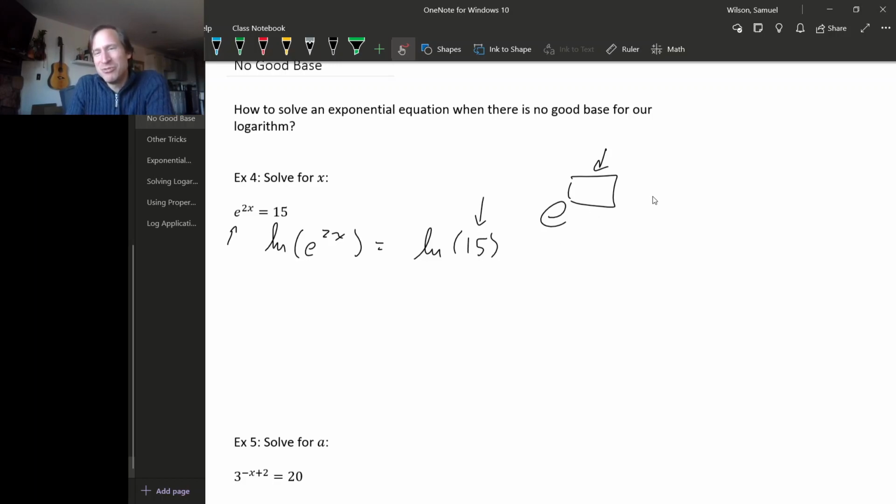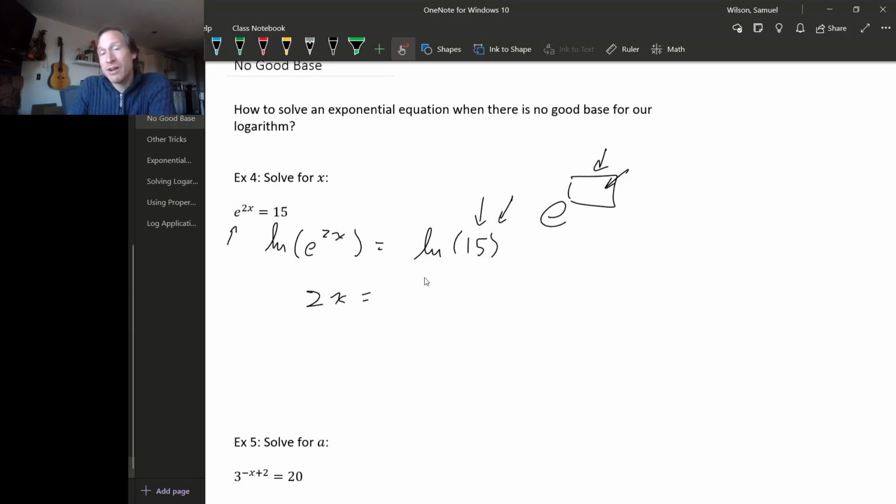But who knows what power this would be? On the left-hand side, we're okay because the natural log just grabs the exponent off of the exponential, so we get 2x. But on the right-hand side, well, this number, it's not a nice number, but we can get a decimal approximation for it if we wanted to, just by punching it into a calculator.